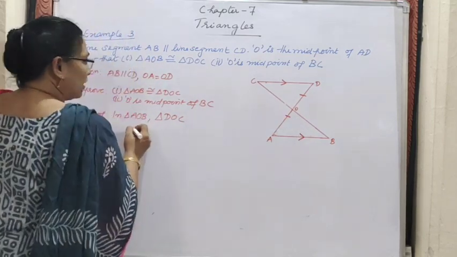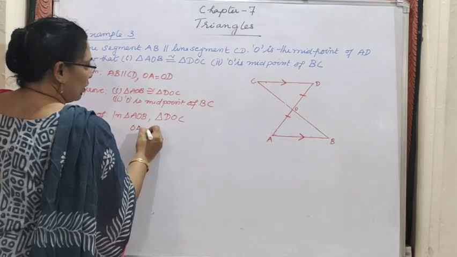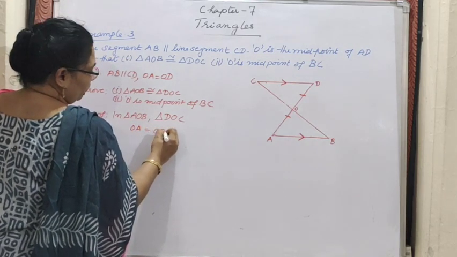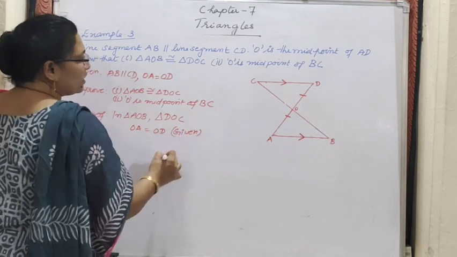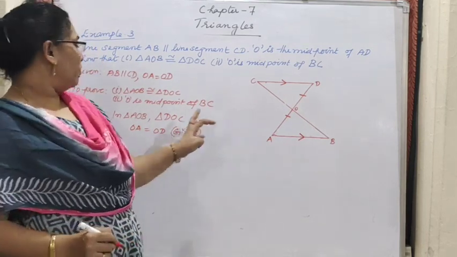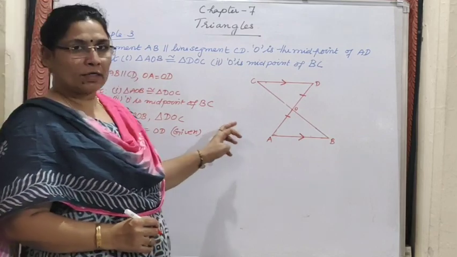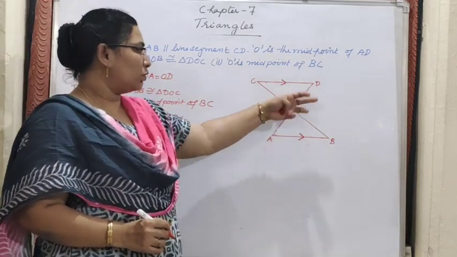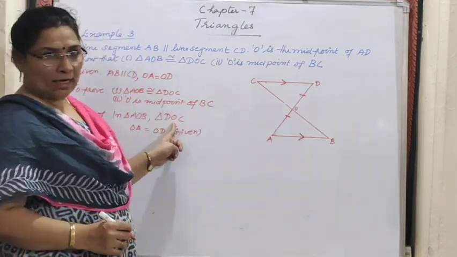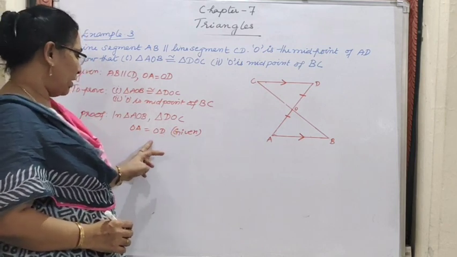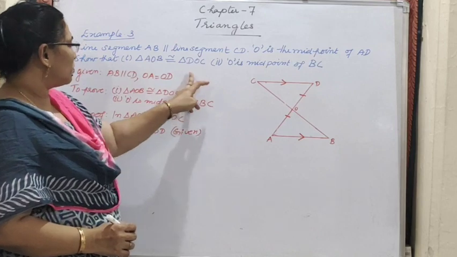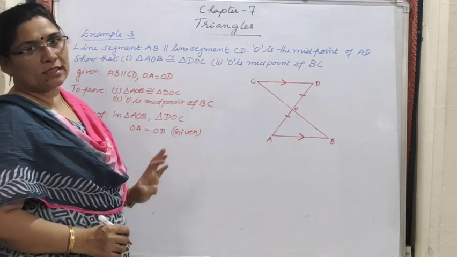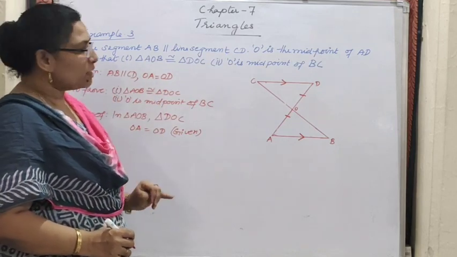So we can write that OA equal to OD. How can we write the reason? Given, because it is given in the question. When you take triangle AOB, we write OA equal to OD, with OD from the second triangle. By seeing the equal sign we write it here. The reason is given only, because it is already explained and is in the question.